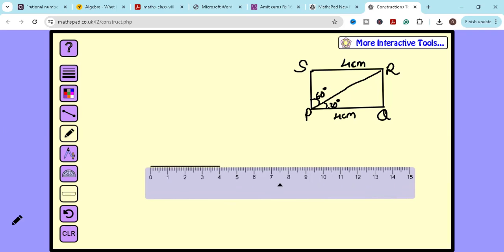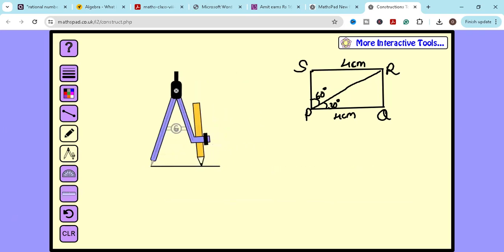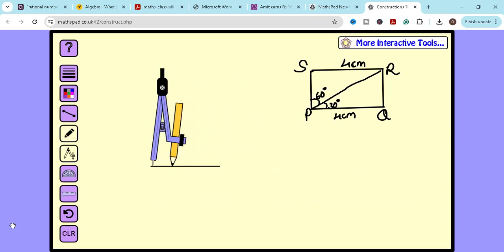Centimeter. Okay, now we have to make it 30 degrees. Let's take out the compass. For 30 degrees, we make it 60 degrees, and then we'll take the half of the angle.